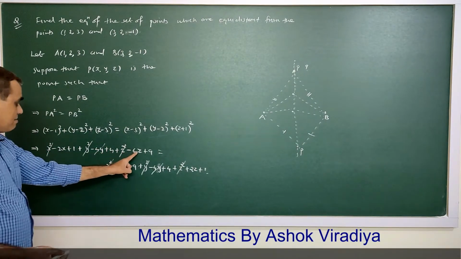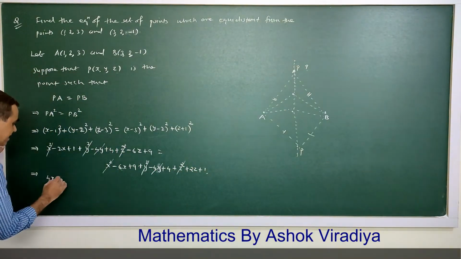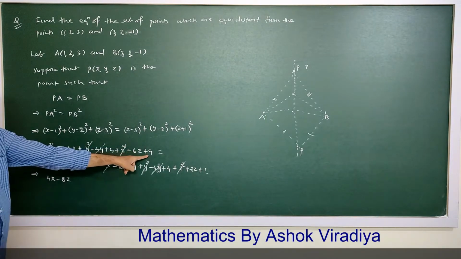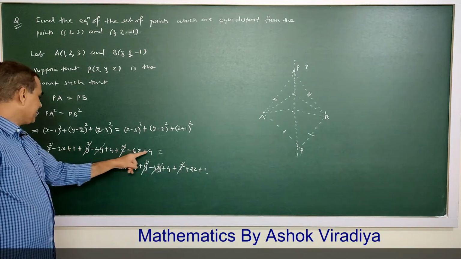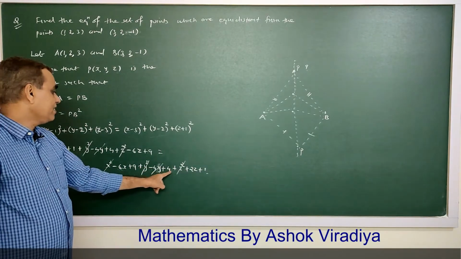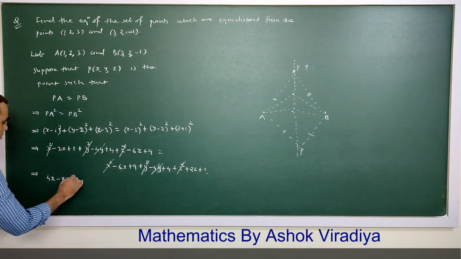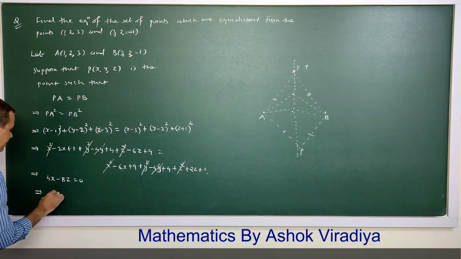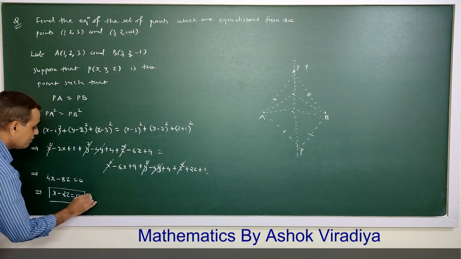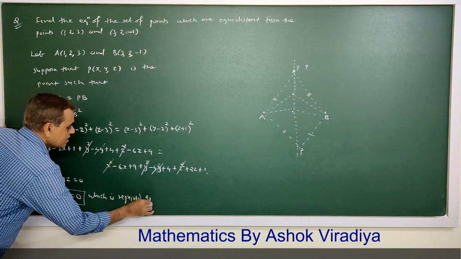Then minus 6z, this is 2z, 2z take on this side, so minus 8z. 1 plus 9 plus 4 is 14. Here 9 plus 4, 13 plus 1, 14. 14 is cancelled. So this is equal to 0. So that is 4x minus 8z equal to 0, that is x minus 2z equal to 0. So this is the required equation.